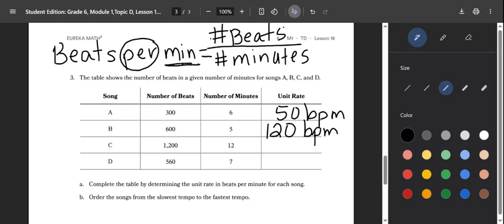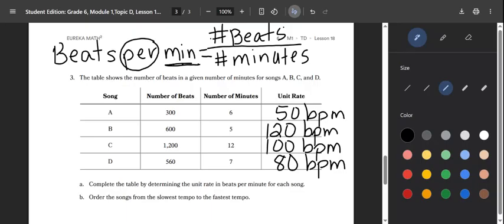And then in song C, we've got 1200 beats in 12 minutes, so that's going to be 1200 divided by 12, which is 100 beats per minute. And then for song D, we've got 560 beats in 7 minutes, so 560 divided by 7 is 80 beats per minute.